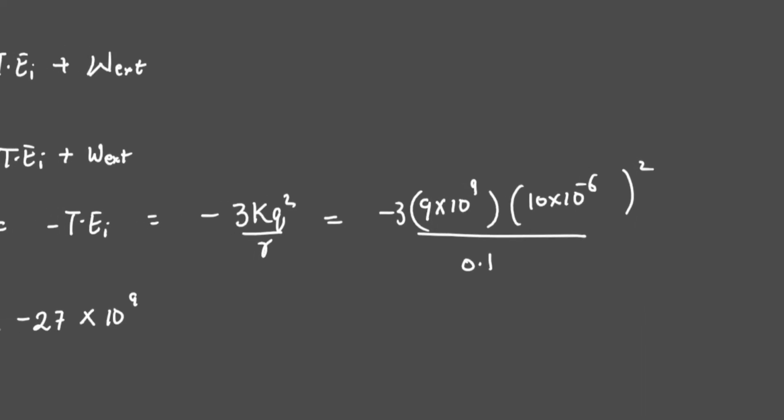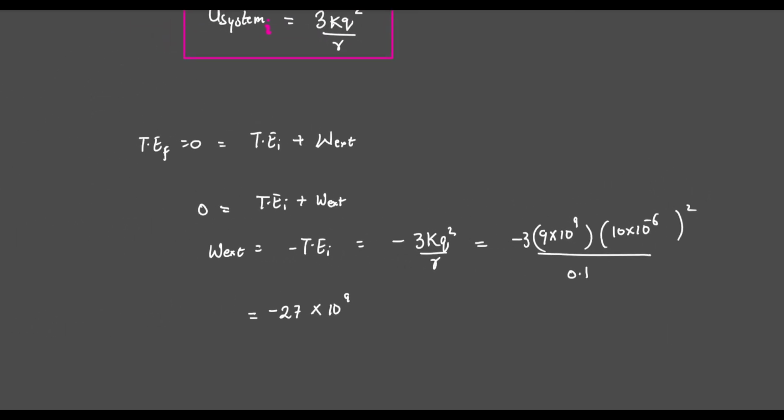So minus 5, and the square of that is going to become 10 to the power minus 10. From below, it is nothing but 10 to the power minus 1, which will become 10, and finally our answer is going to become just 10 to the power 0. So work done by the external agent will be negative 27 Joule.